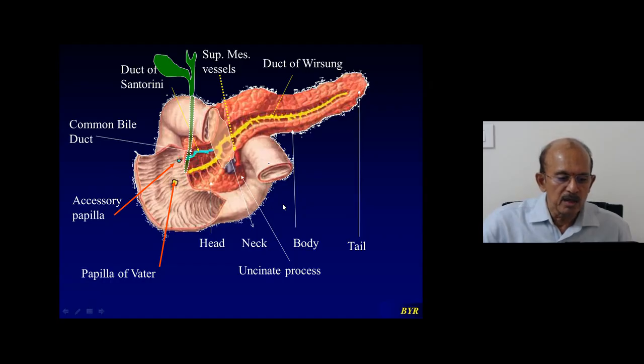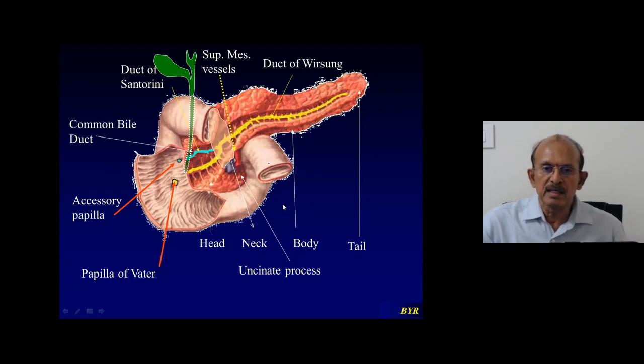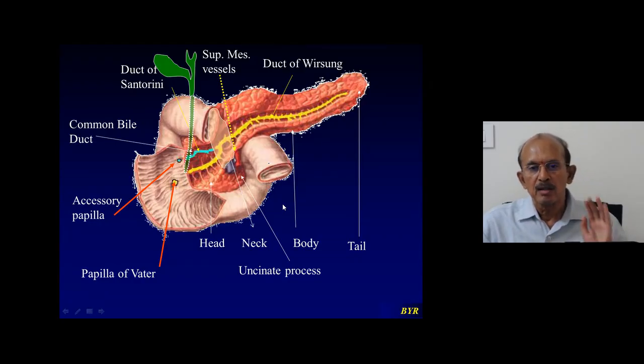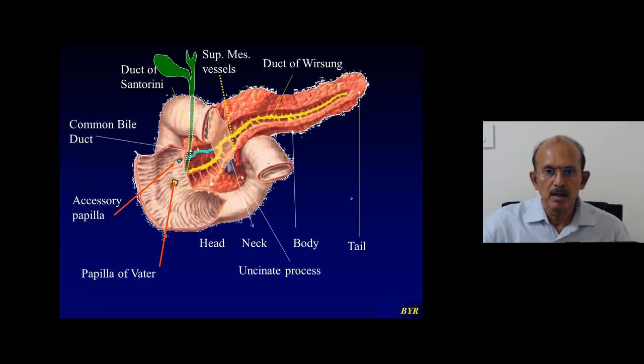So one student has asked about what celiac axis means. Celiac axis means it is the division of the arteries. Aorta will be like this. From the aorta, the celiac artery comes like this, just 1 or 2 millimeters.